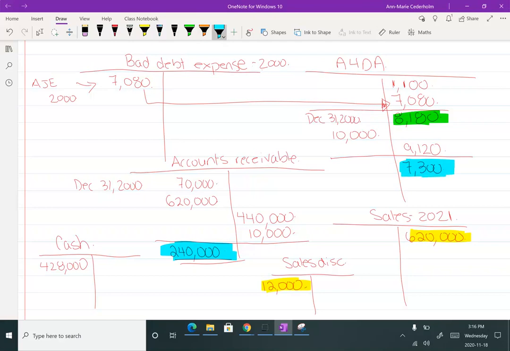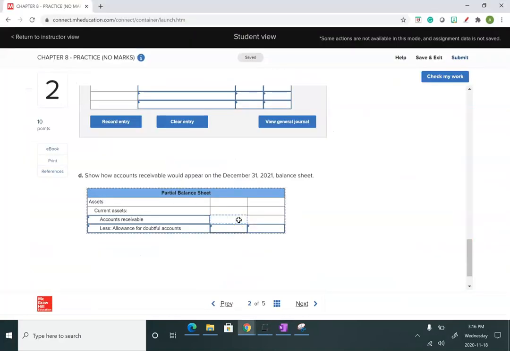So I'm going to move this 240 onto my balance sheet and this 7,300 onto my balance sheet. Okay, so I have 240,000 minus 7,300. So my net accounts receivable is going to be 232,700.